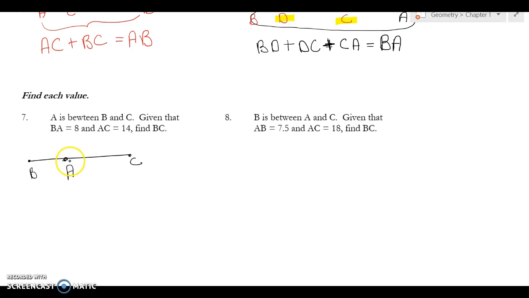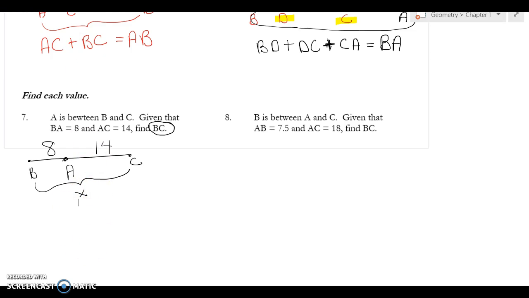When I put my numbers on my picture, my small pieces I put above, the whole thing I put below. So B to A, which is this distance here, is 8, and A to C is 14. Remember the rule: one small piece plus the other small piece equals the whole thing. I'm looking for BC. I don't know what BC is, so I'm going to put that as X.